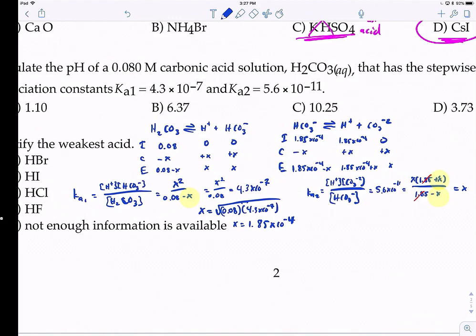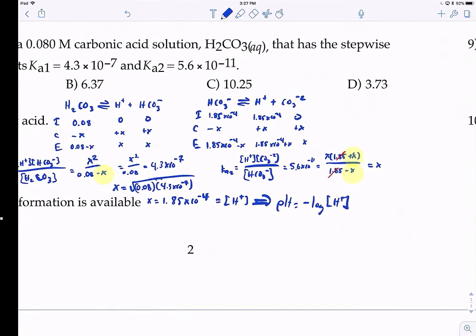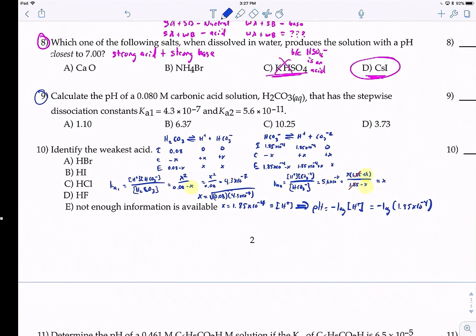x also equals the hydrogen ion concentration. So pH is minus log of H plus, which equals minus log of 1.85 times 10 to the minus 4. So it's that one.